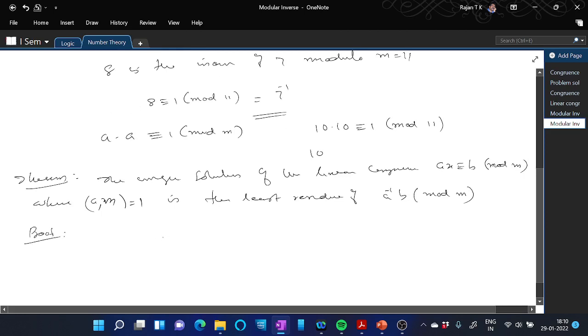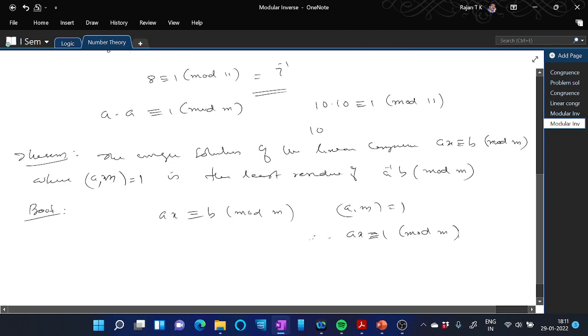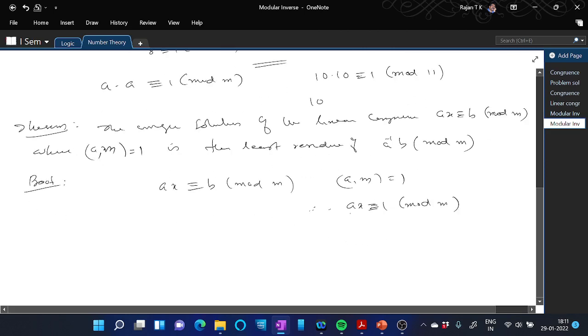Given linear congruence is ax ≡ b mod m where (a, m) is 1, and therefore the linear congruence ax ≡ 1 mod m has a solution, which is the inverse of a. So let it be a inverse.